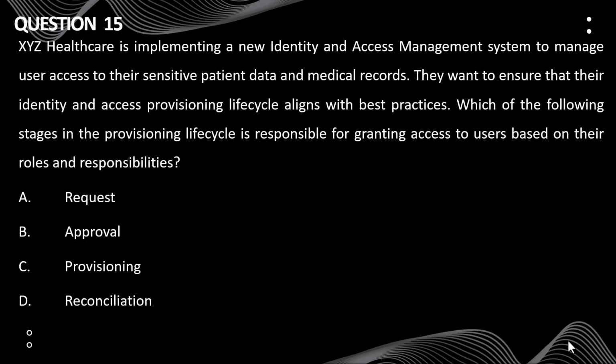The third stage, provisioning, involves the actual granting of access rights to users. Based on their roles and responsibilities, the users are given access to the necessary resources and systems. It is in this implementation phase where access rights are assigned. The last stage, reconciliation, involves auditing and validating access rights to ensure that they are accurate and up to date.